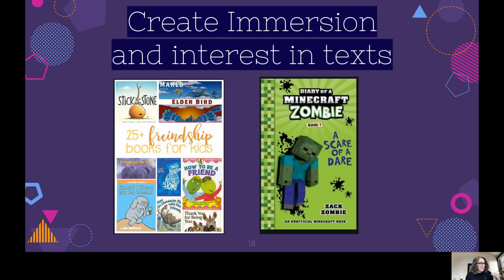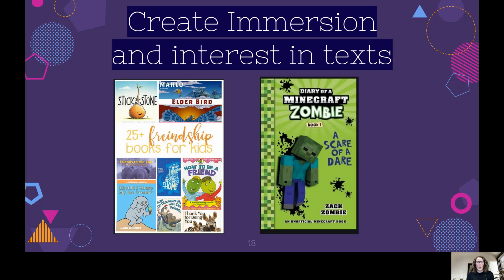So I would bring in books about that topic and we could read them together. He could just look through them. He could find, like I said, match his words with the text. By this point, he probably knows the word Minecraft right away.